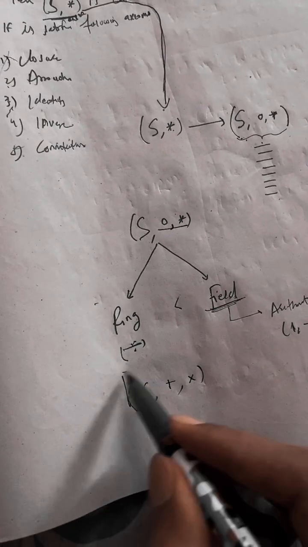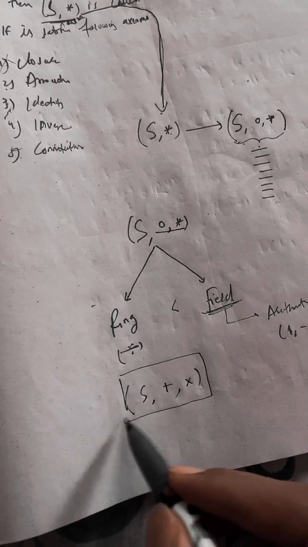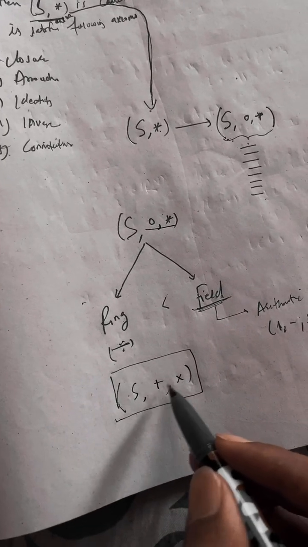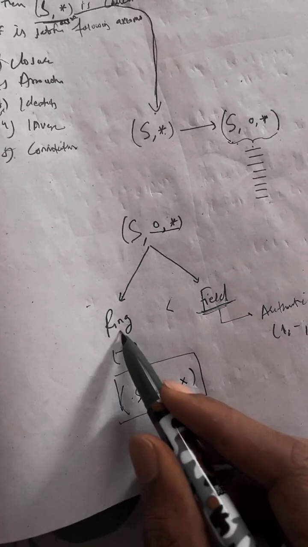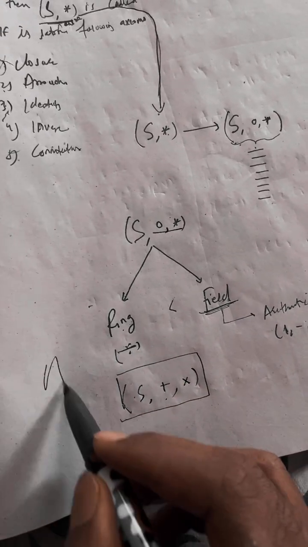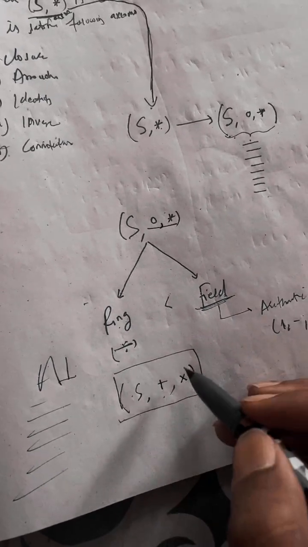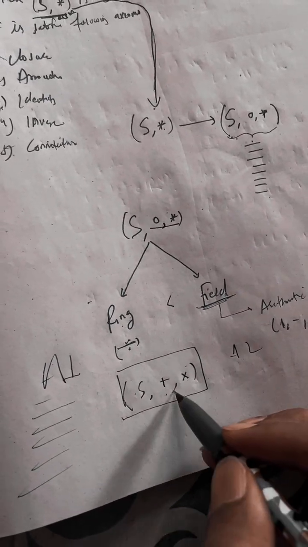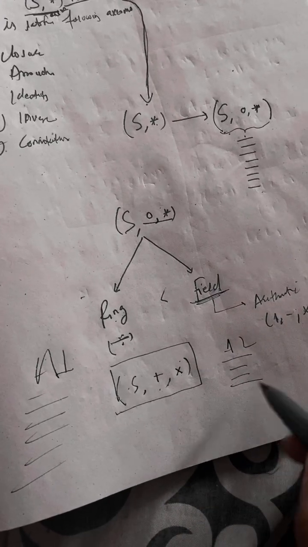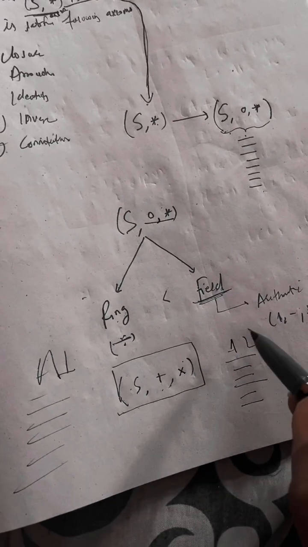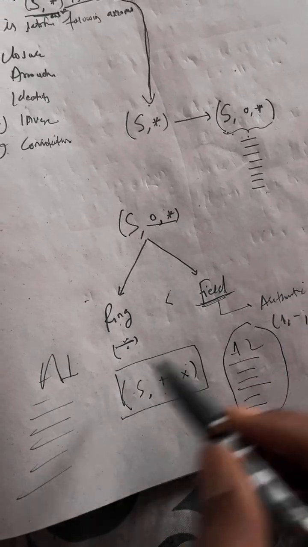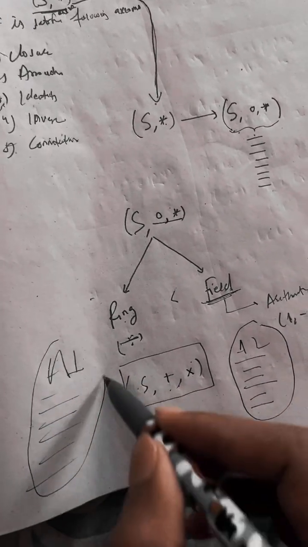So this is an algebraic structure, a set equipped with two operations. This is called a ring if it satisfies, let's say, some list of axioms A1. If it satisfies axioms A2, this same structure we call a field. So field has different axioms, ring has different axioms.